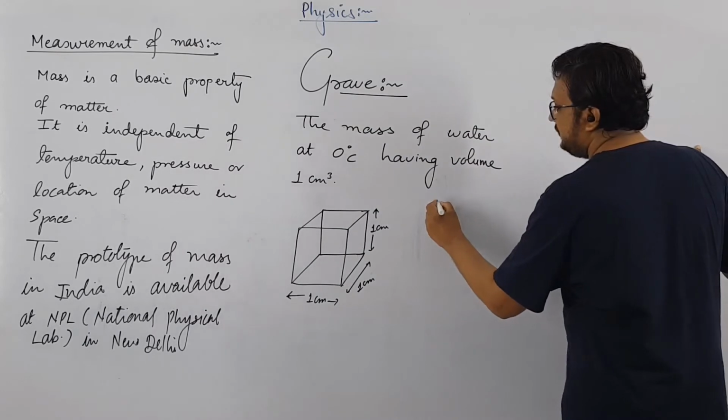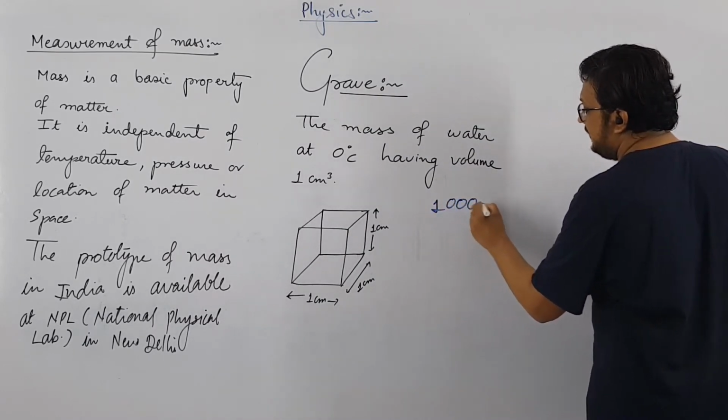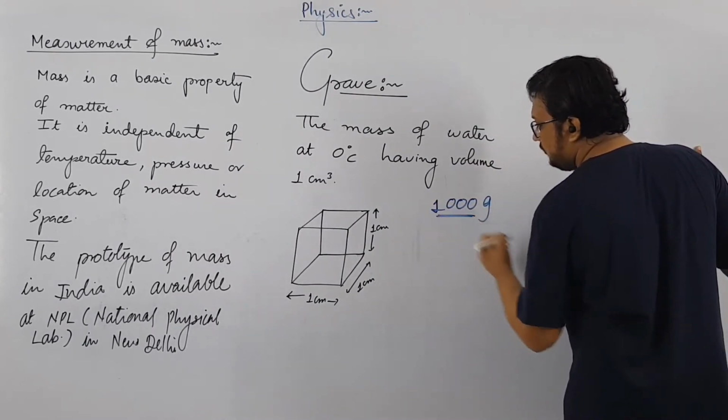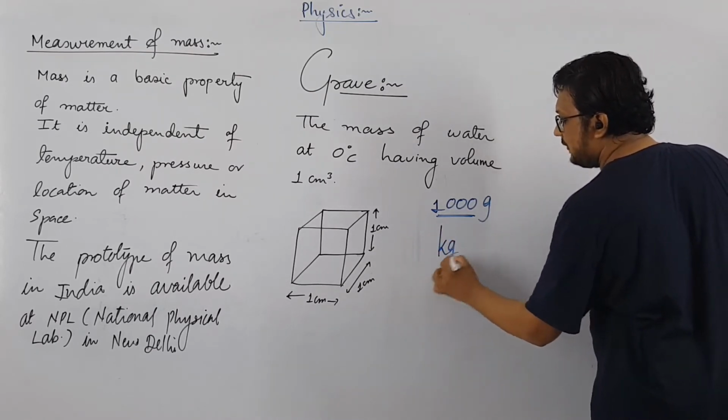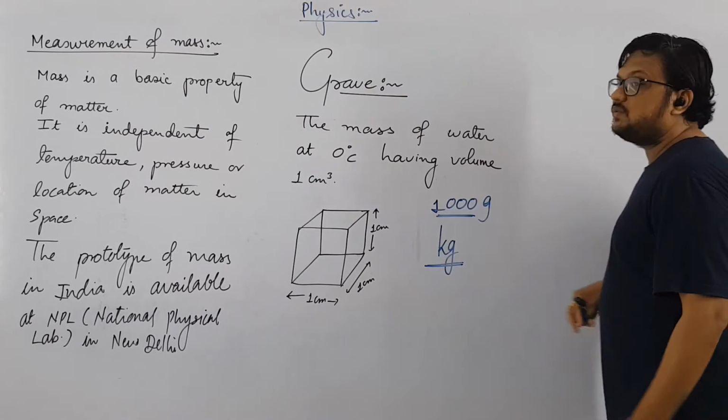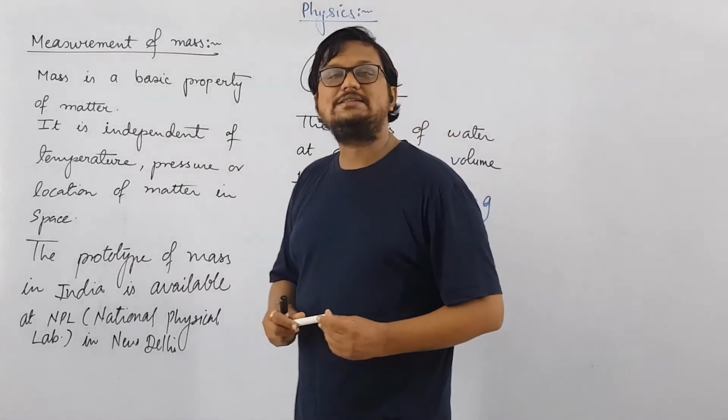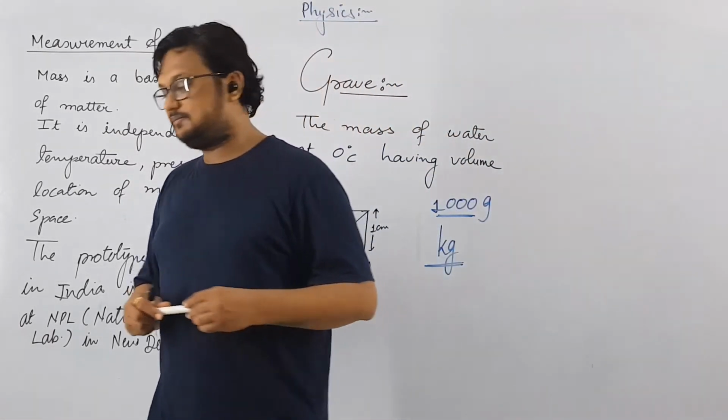This 1000 means kilo, which you already know. So the unit of mass was defined as kilogram, and that's why we have the SI unit of mass as kilogram. Clear?